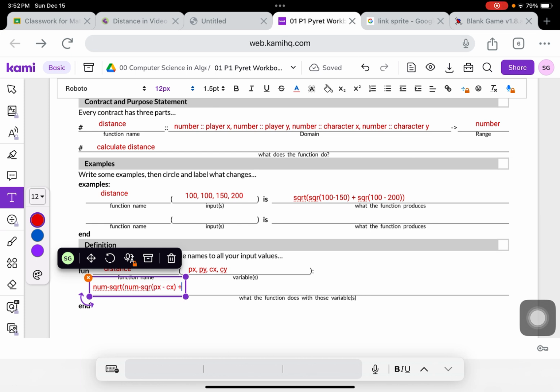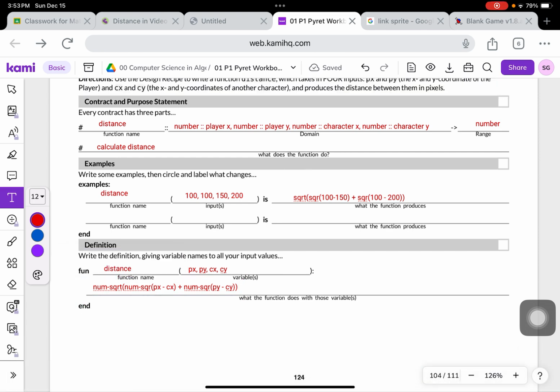And add the num-squared of the difference in the y's. So that would be py minus cy. Close, close. And that's it. Subtract the x's, square it, subtract the y's, square it, add them up, and square root.